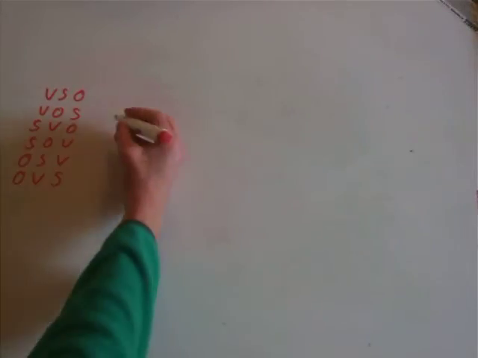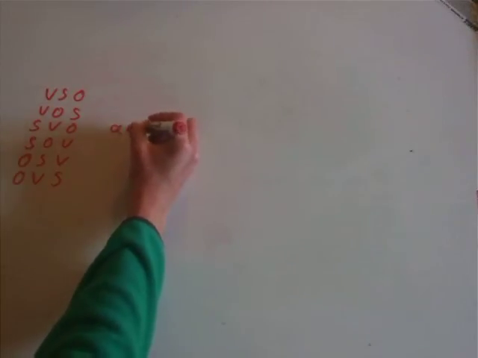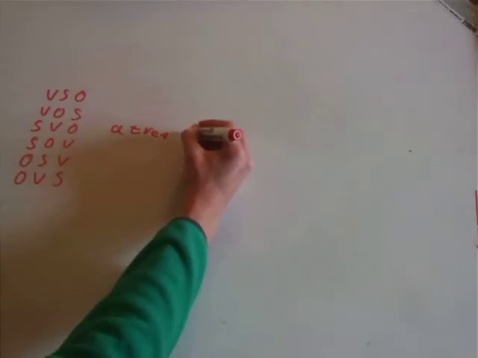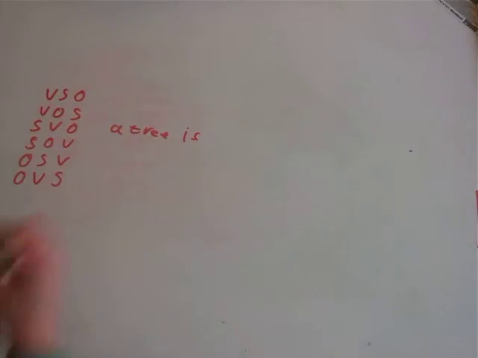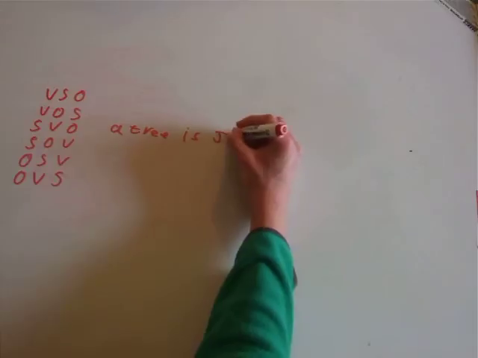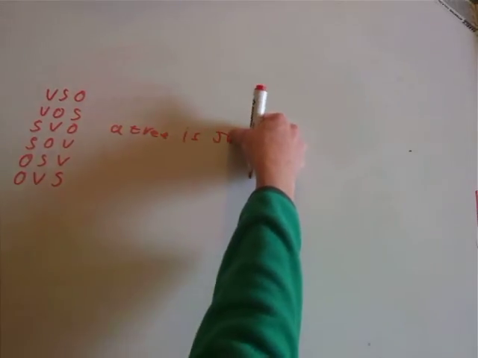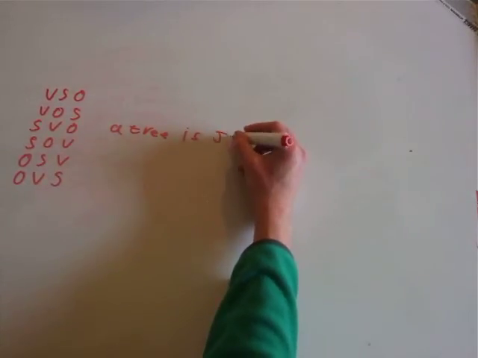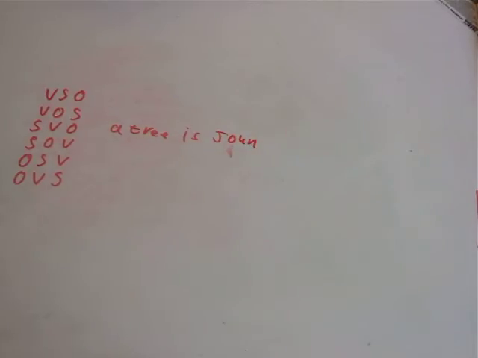You would say a tree is John. Oh, sorry, I misspelled John. A tree is John. Now, strangely, this still makes sense in English. I'm not sure why. It's just, a tree is John. A John is a tree, because it's just backwards.